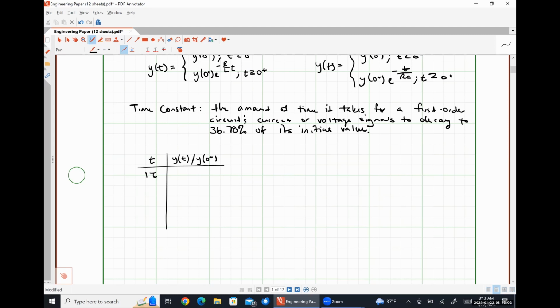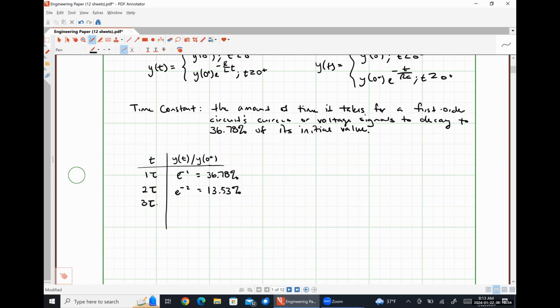The symbol for a time constant is tau. y(t) over y(0+) is going to be exactly equal to e to the minus 1, which is 36.78%. In two time constants, we'll have e to the minus 2, which is 13.53%.